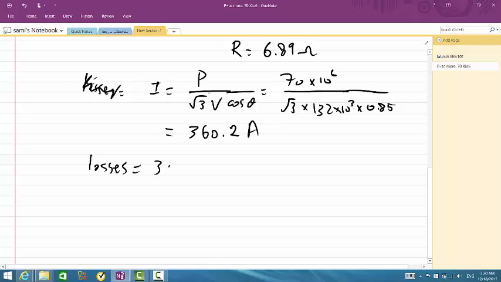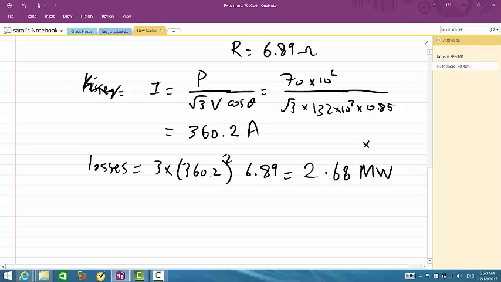So now we will find the losses. The losses is 3 times 360.2 squared times the resistance, which is 6.89, and this will give me about 2.68 megawatt, which is 2.68 times 10^6 watt.